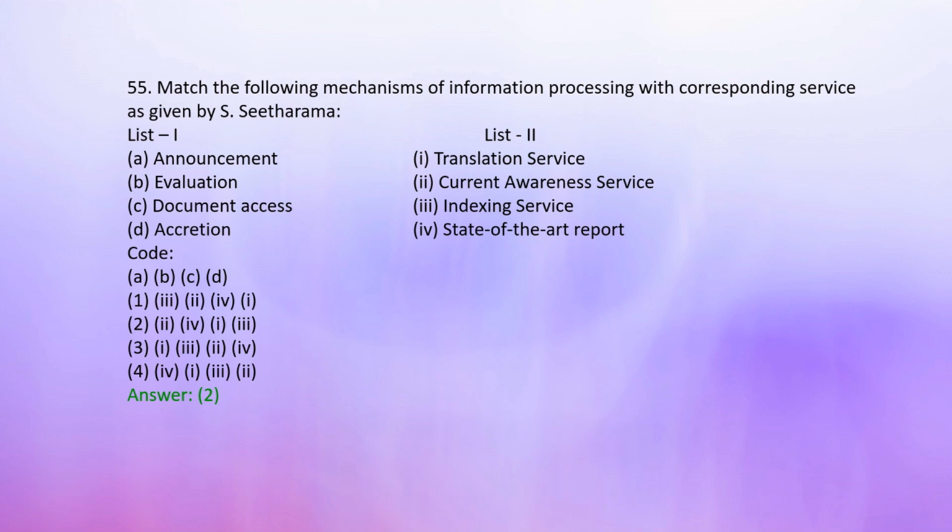And correct answer is 2, means A announcement goes on current awareness service, list 1 evaluation goes on state of the art report. List 1 document access goes on translation service, and list 1 accretion goes on indexing service.